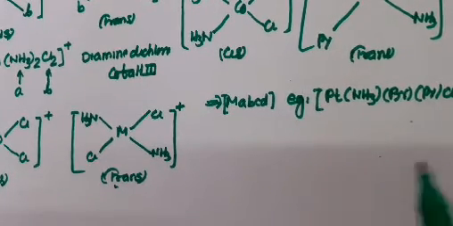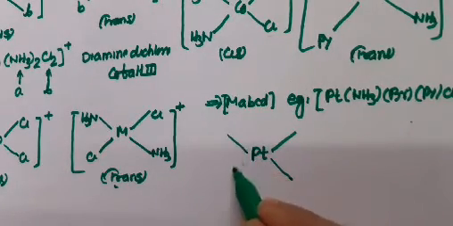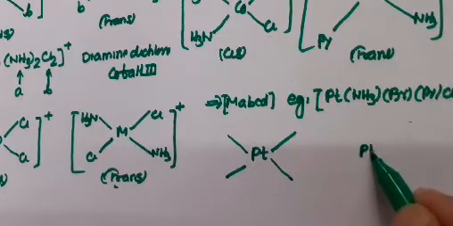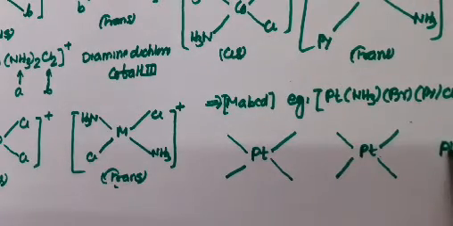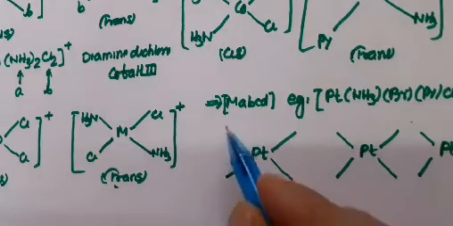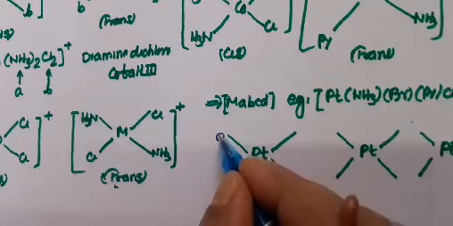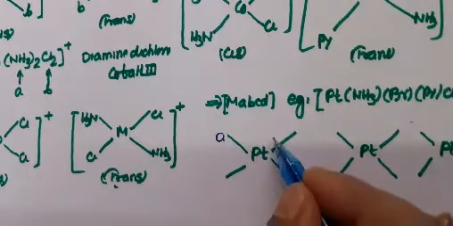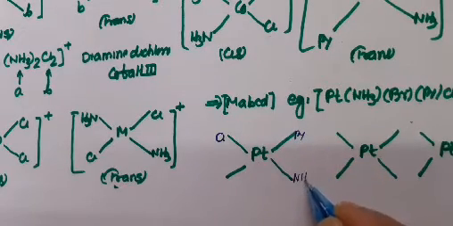Py stands for pyridine. For this, at first you have to draw three square planar geometries. Very simple, this one also. And then after fixing the position of one ligand, let's fix the position of chlorine. We have already fixed the position of chlorine and place the other one in this particular site.